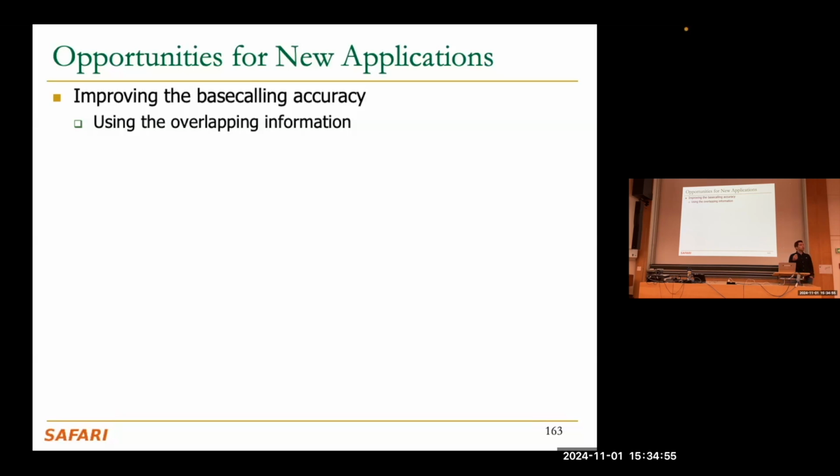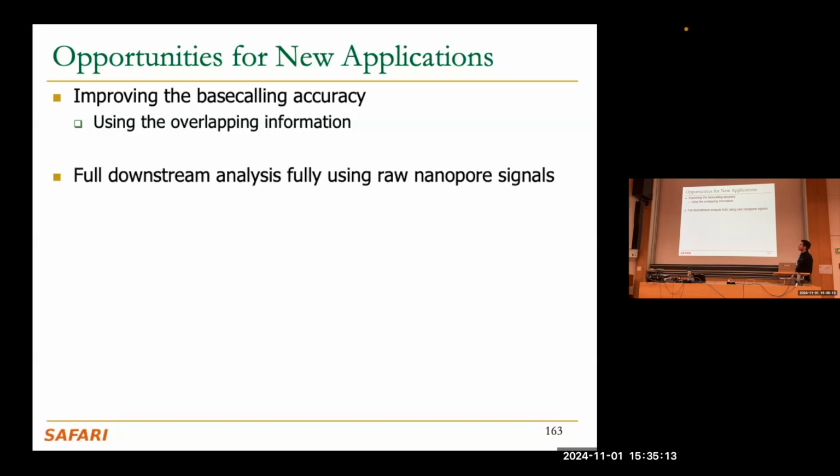This is useful information that you can feed to your base caller, and then maybe your base caller will be able to utilize this extra information to make the model more accurate while maybe still making it less complex, because you now have more useful information.